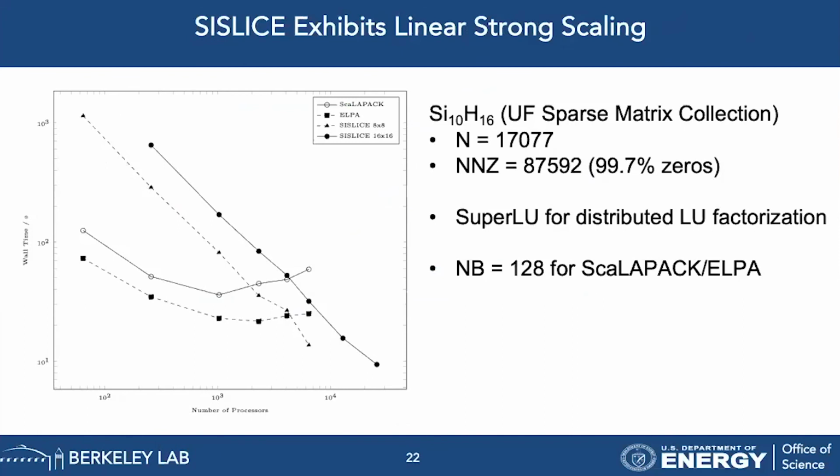And from a performance perspective, as we would expect with low communication overhead, we exhibit a linear speed up for large numbers of resources. So this is a sparse matrix that we were able to obtain from the US sparse matrix collection. It's about 17K, so it's still a medium to small size problem, but we're able to get roughly a 2.7 speed up minimum time solution on more resources, right?